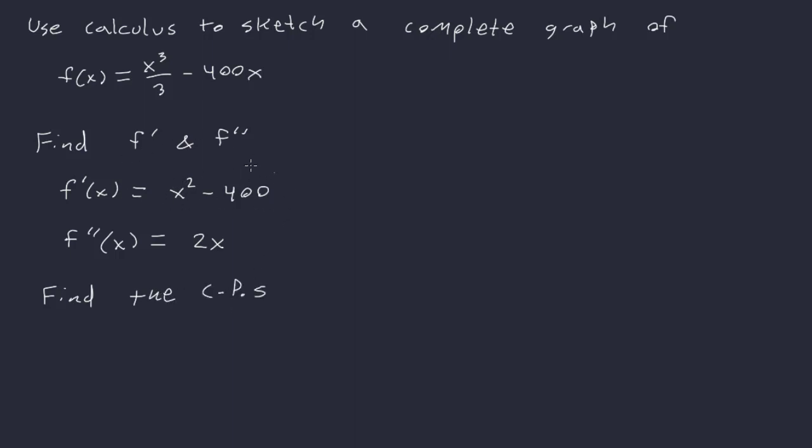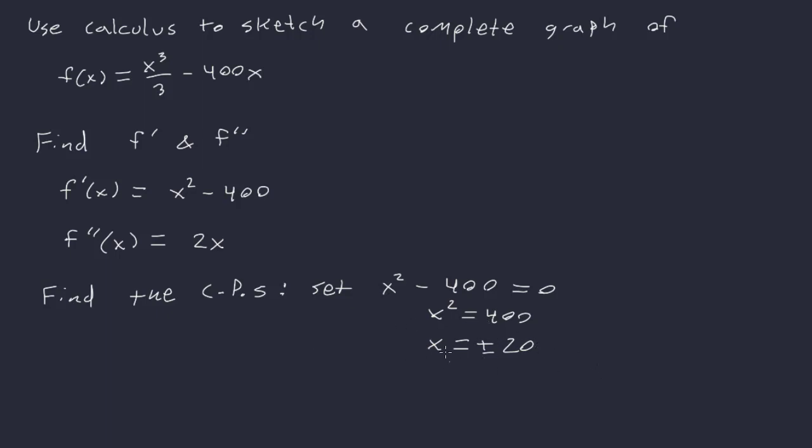Since we started with a polynomial, our derivative is a polynomial, so we don't have any undefined critical points. So we really just need to set x squared minus 400 equal to 0. So x squared is equal to 400, so x is equal to plus or minus 20.